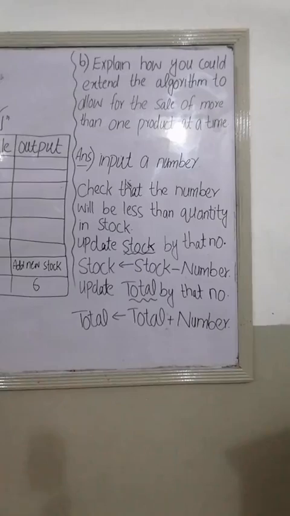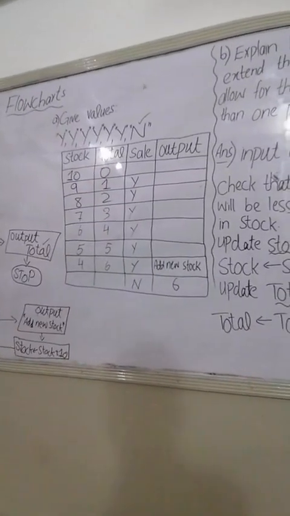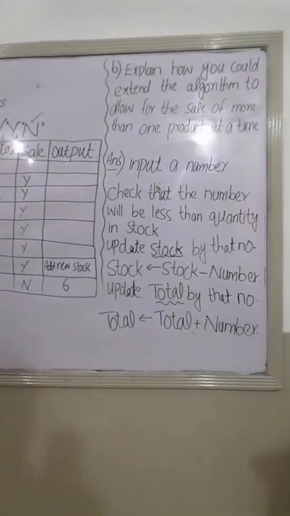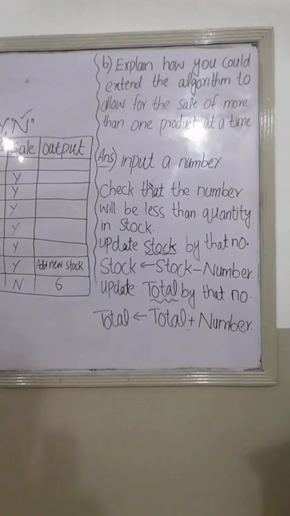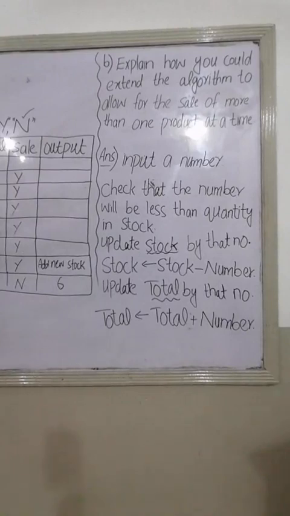For that we have mentioned total plus number, meaning the value in the total plus that number, and the resultant value will be stored in the variable total, right? So 4 marks are for this trace table part which we have just filled, and 3 marks are for the part B, which we have just done. So in total we have 7 marks for this question, right?